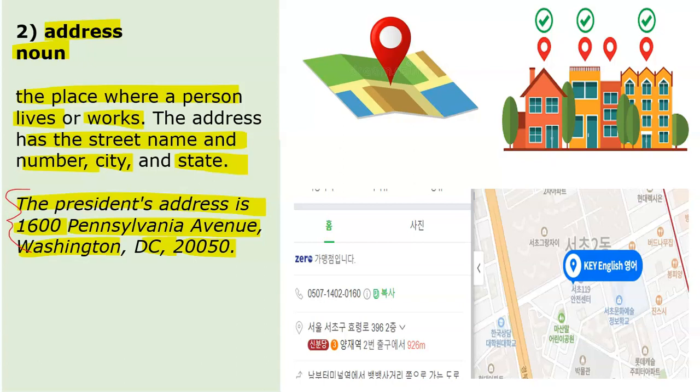And as you can see, the address has the street name. The name is Pennsylvania Avenue. It has the number. The number is this 1600. The city is Washington. And the state, D.C. Every building has their special address.